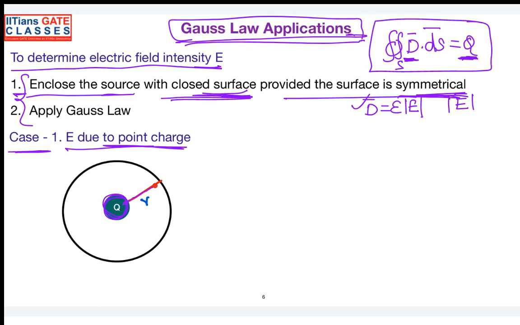So what is the first thing? Enclose this point charge with a closed surface. This is the surface which I am calling a Gaussian surface. It is a closed surface, right? Because whatever flux is generated here, I am able to capture. So my first condition has been met.